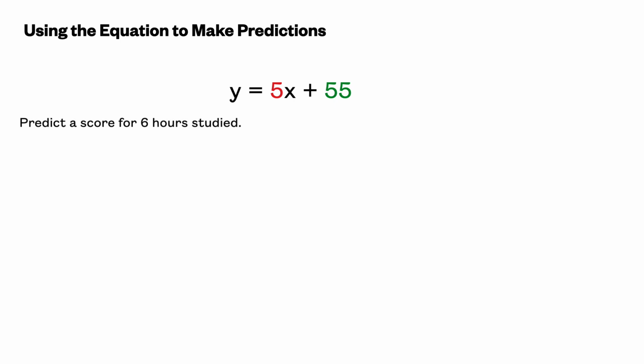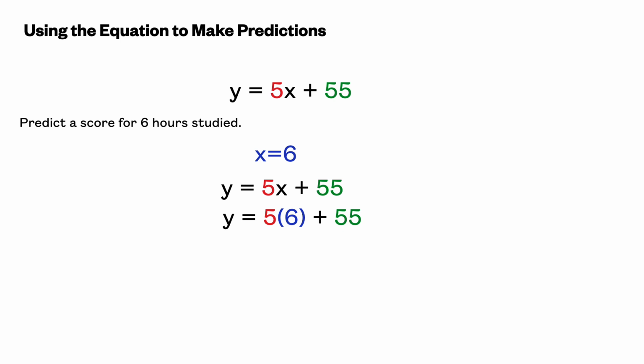Since our independent variable, or our x variable, was 6, that means we're going to take our equation and substitute 6 for our value of x. So we're going to take our equation of y equals 5x plus 55, but we're going to substitute our value of x with 6. So it'll be 5 times 6 plus 55.